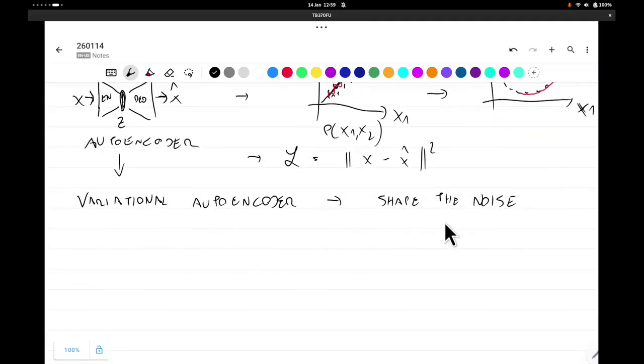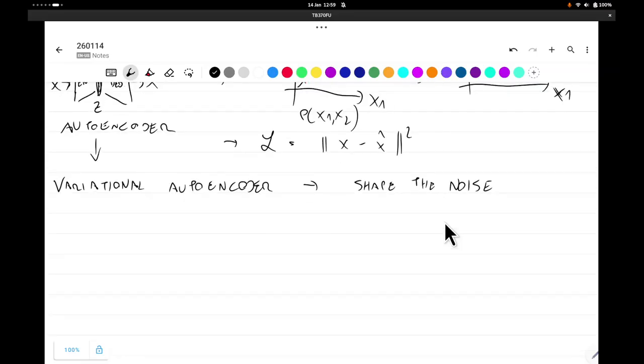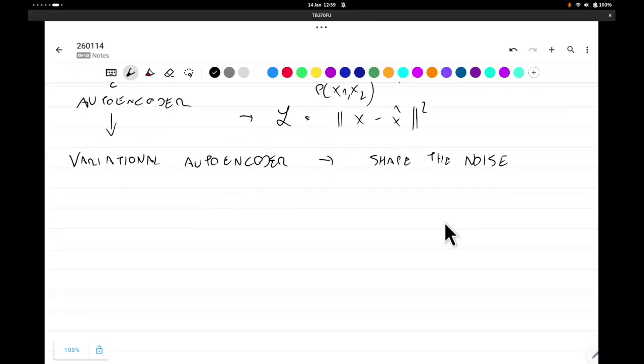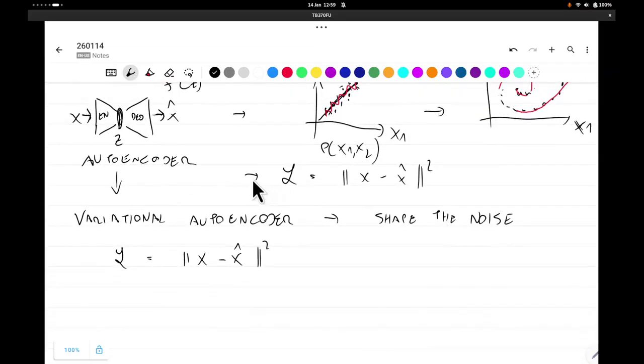Here I want to impose the distribution in the latent space, and this leads me already to our Lagrangian, loss function, which would also be some kind of distance. I want to minimize this distance, but I also want the distance between the actual distribution and some distribution I know to be minimized.